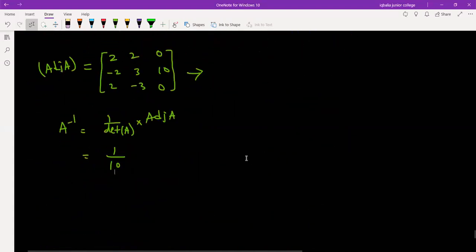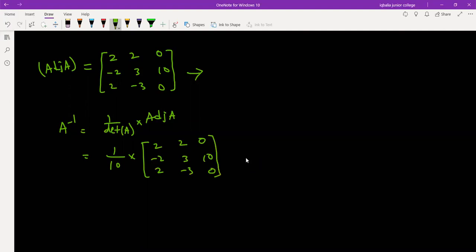So here 1 by 10, and adjoint of A is nothing but this 2, 2, 0, minus 2, 3, 10, and 2, minus 3, 0. So this is the answer of A inverse.